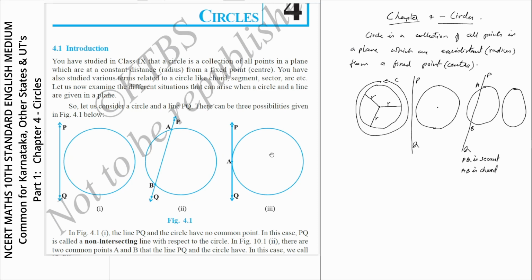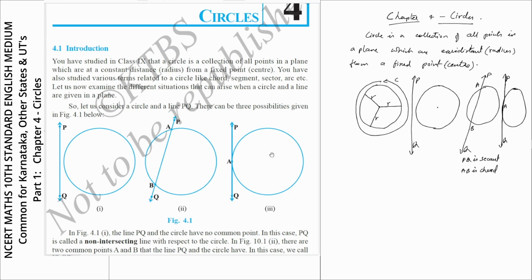Now I'll draw another line. I'll draw PQ such that it intersects the circle at just one point. Say that point is A. Now the line PQ assumes a different meaning.